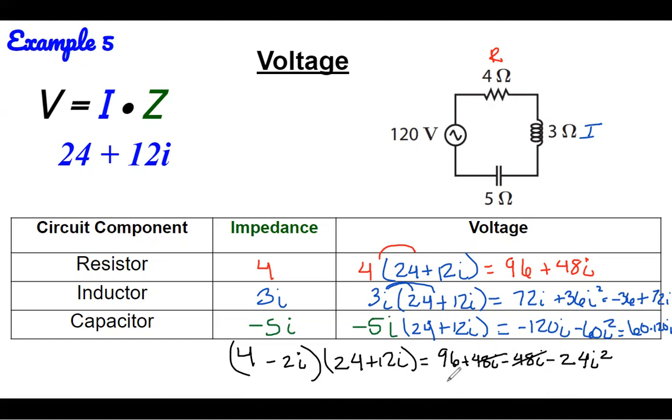They cancel out and we're left with 96 minus 24i squared. Let me go the long way: minus 24 times negative 1 becomes a positive. So therefore I have 96 plus 24, and it gives me 120.